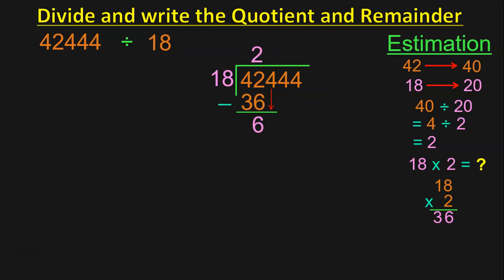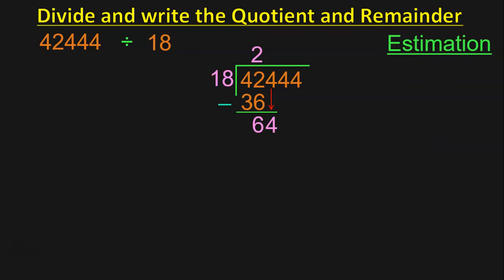What is the next step? The next step is to bring down the copy of this digit 4 near this remainder 6. So now the next step is to divide 64 divided by 18. Now we'll have to once again employ the estimation technique. I've removed the previous calculations to avoid confusion. Now the next step is we have to find out how many 18s are required to make 64.